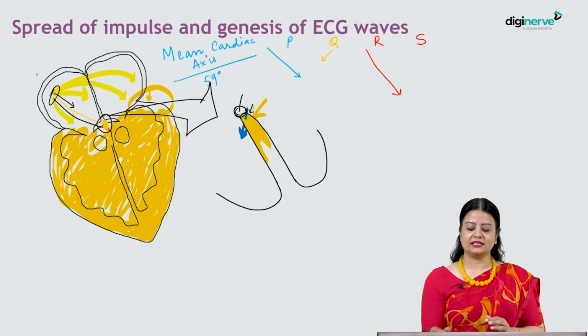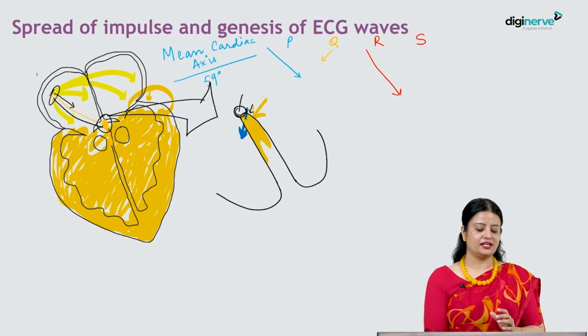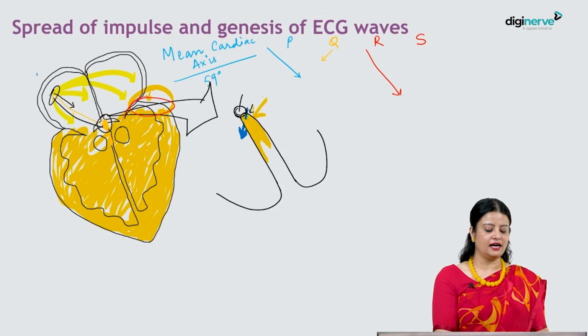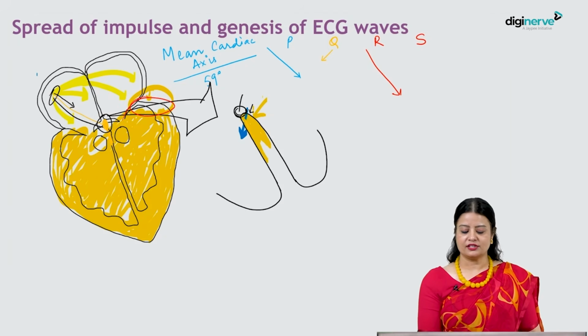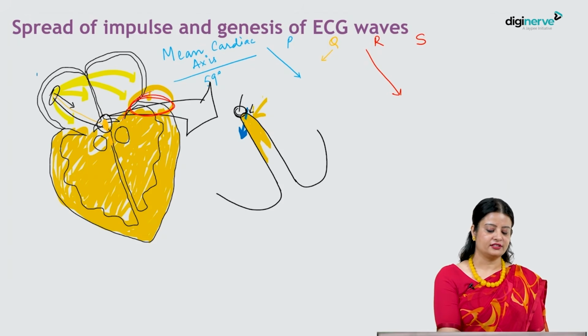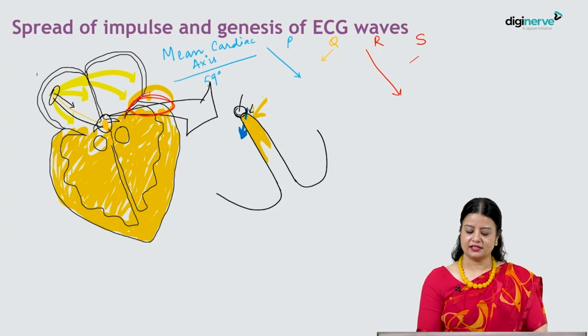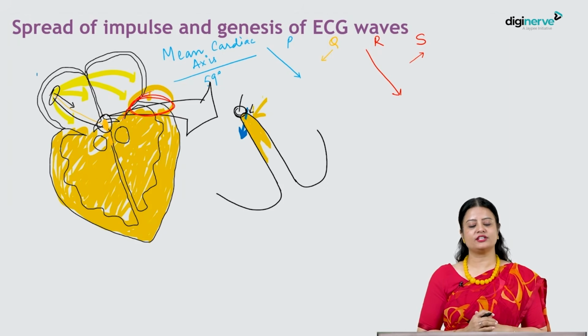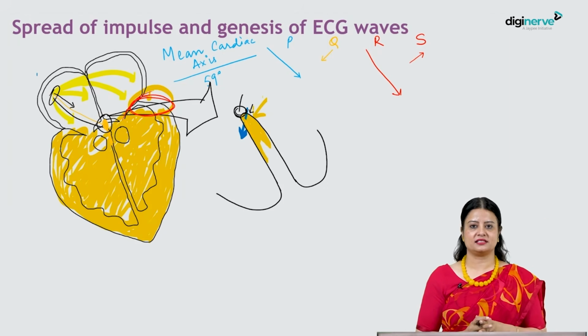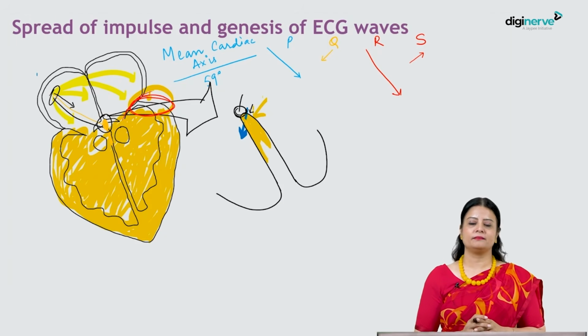So when only the posterobasal part is left and the entire heart otherwise is depolarized, so you have only this part left, then again you are going to get the instantaneous vector looking upwards in this direction, which is away from the mean cardiac axis.